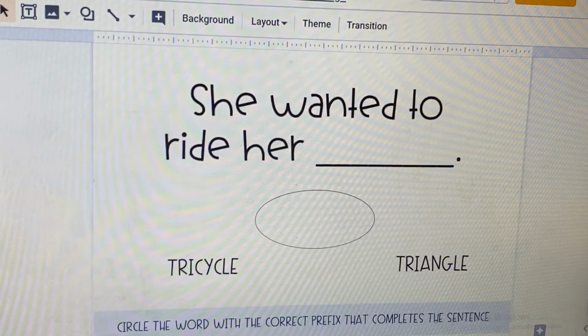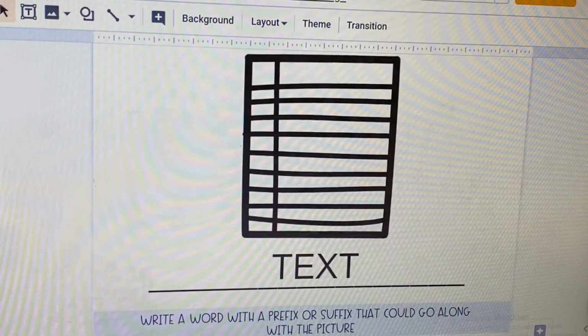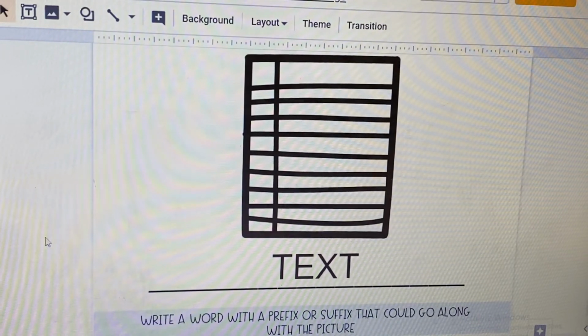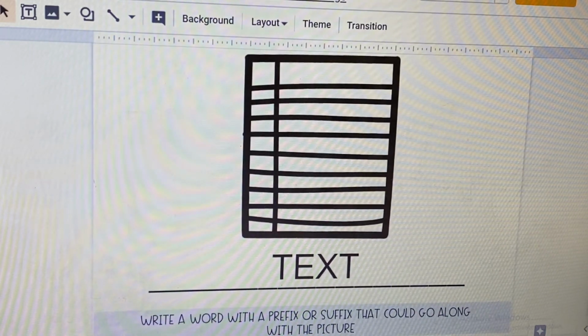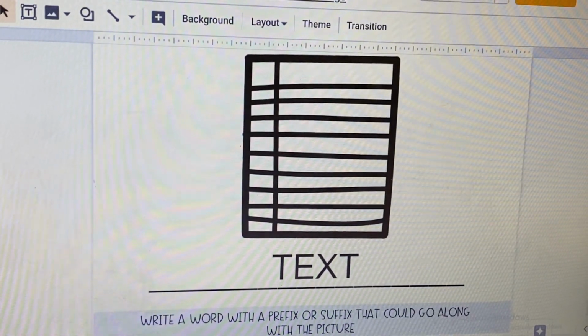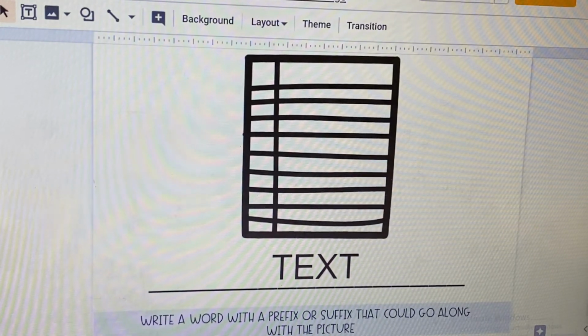And then you're going to pretty much do that with sentences until slide number 27, write a word with a prefix or a suffix that could go along with the picture. And then do that until, I think that takes us to the end. So you have to come up with a word that matches the picture. Write a word with a prefix or a suffix that could go along with the picture and type it in.